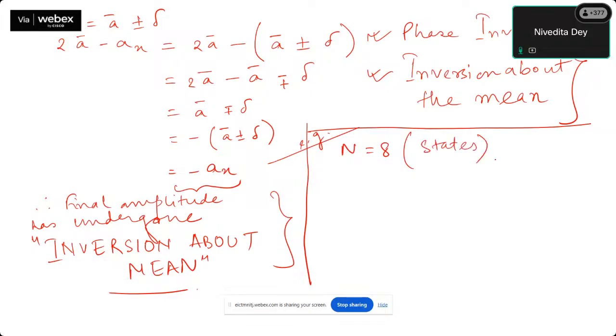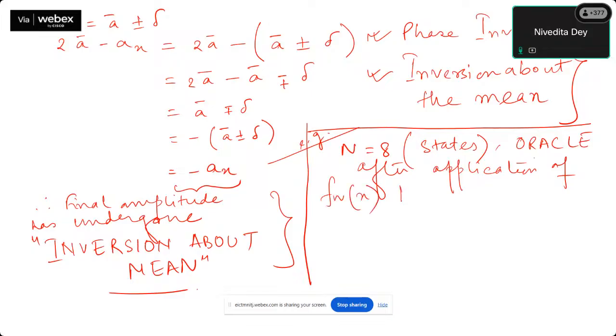And the Oracle, after application of f(x), that is, we are starting with something, has already knowledge. A phase inversion is done. That is the meaning: already knowledge of the marked state.